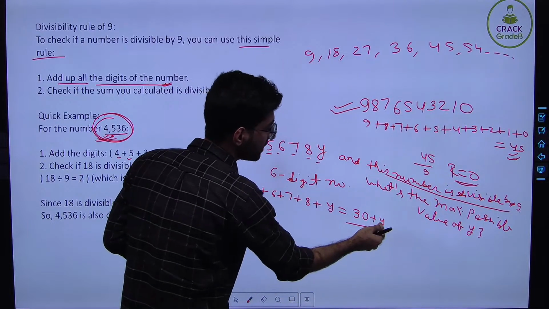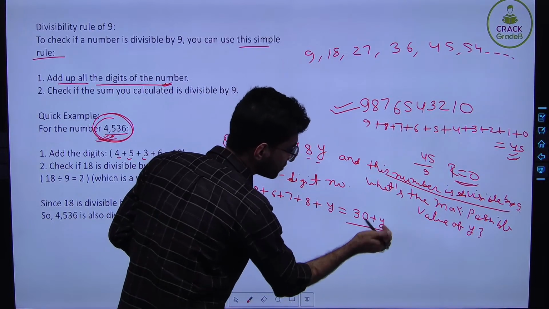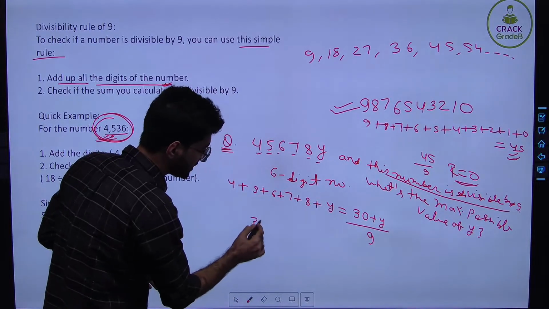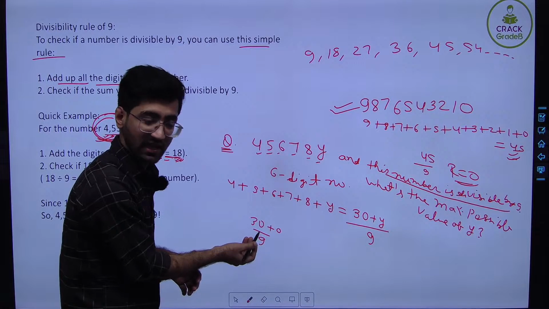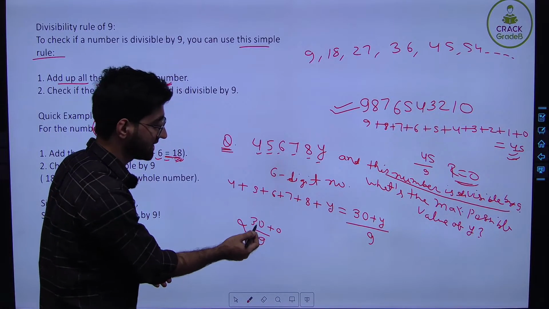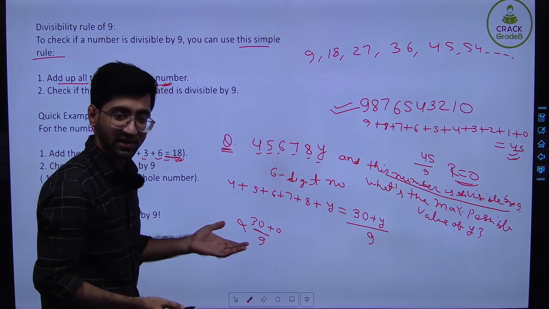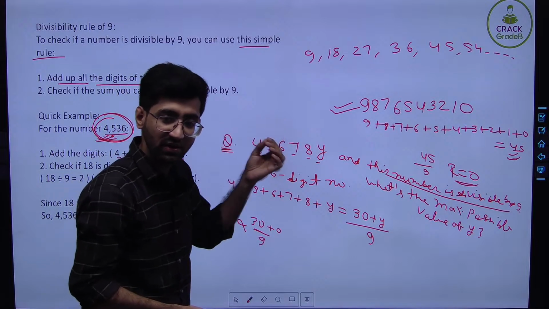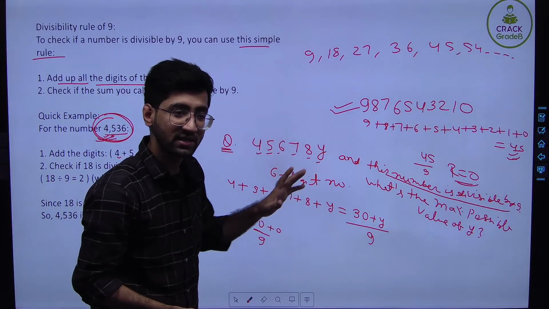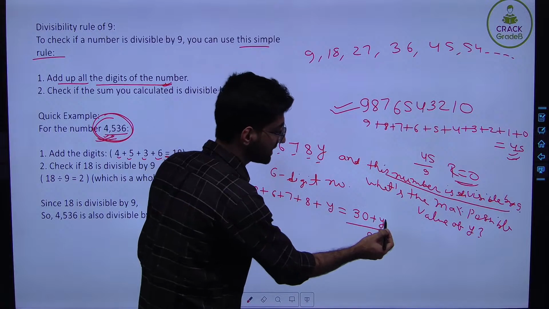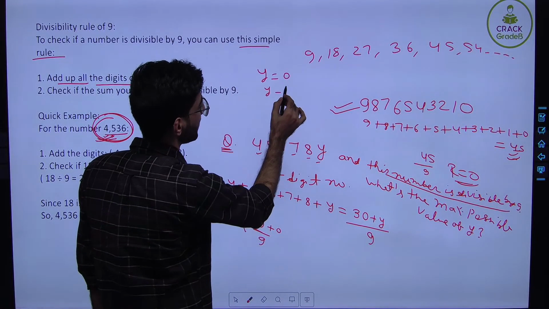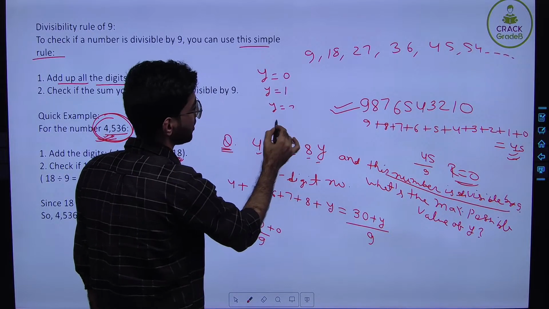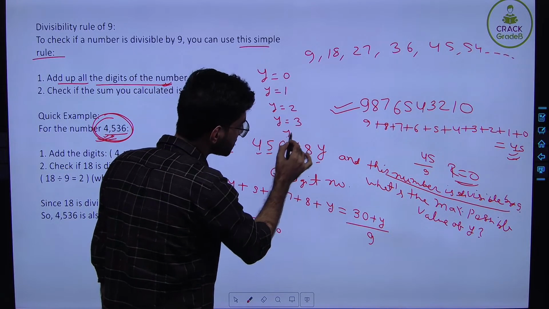See, you can think about putting the value 0. If you put the value 0, the sum will be 30, and 30 is not divisible by 9. So you can't think about y being equal to 0, right? You can also put y equal to 0, y equal to 1, y equal to 2, but this process will take much time.